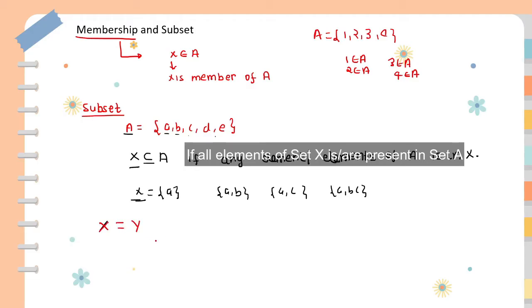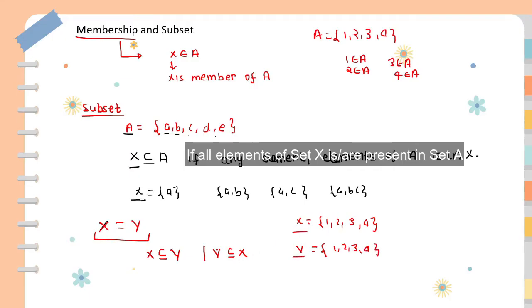It is only possible when x is a subset of y and y is a subset of x. That means let us assume x is 1 2 3 4 and y is also 1 2 3 4. So x can be made using y, or y can be made using x. So both x and y are called equal sets. Okay, so x is equal to y. So this was the idea about equality.